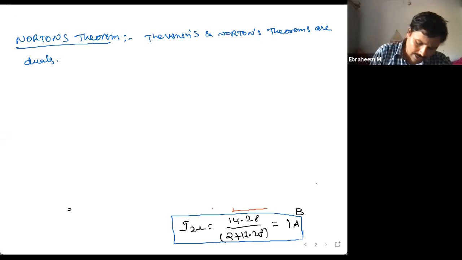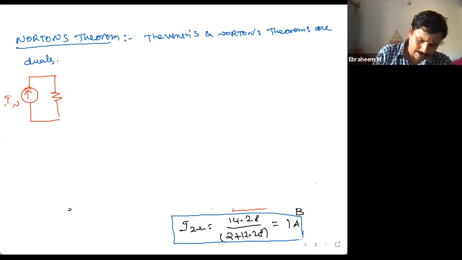According to Norton's theorem, you can replace any complicated network with a simple network similar to Thevenin's theorem, but it will have a current source, Norton's current IN, in parallel with the Thevenin's resistance.